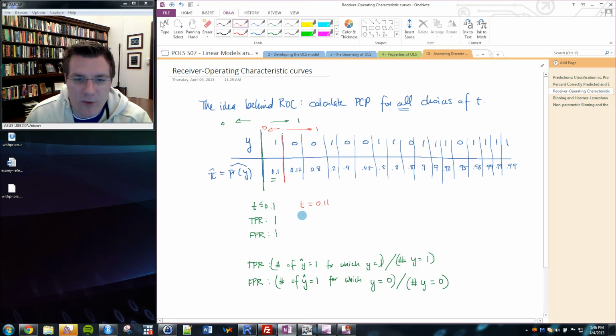Anyway, so for a threshold of 0.11, we would get a true positive rate of what? Well, all the positives are correctly predicted except this one. It's really a positive, and we're saying it's negative.